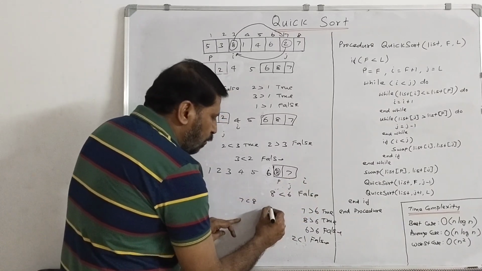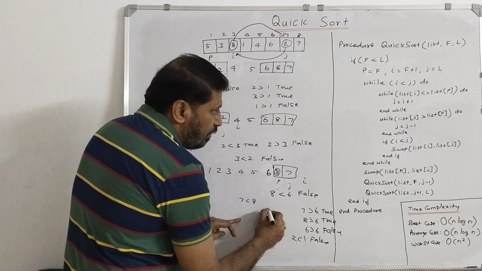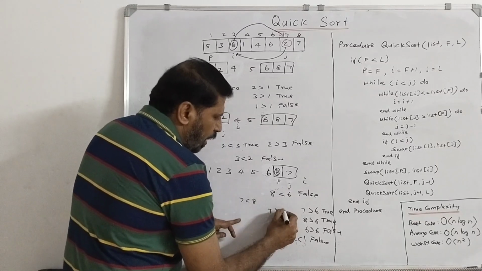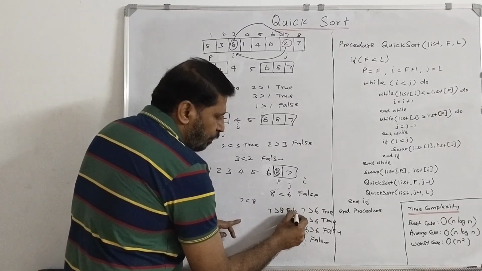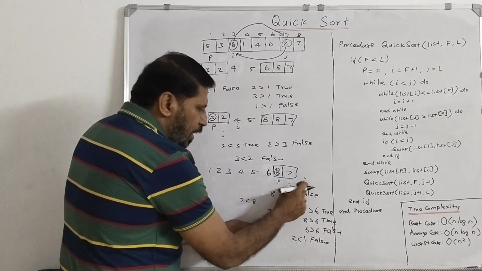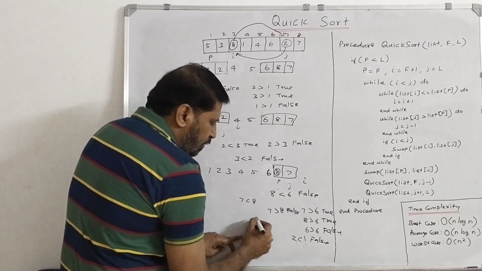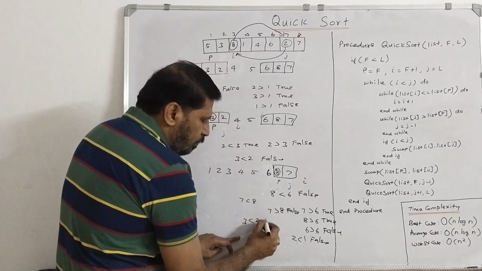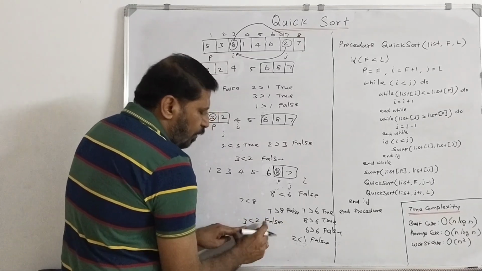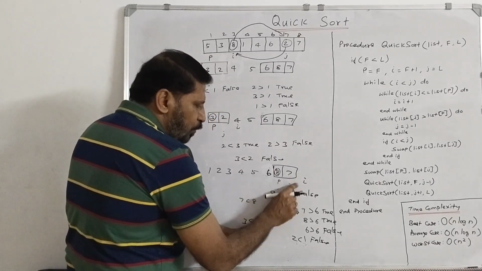We are taking j. What is the j value? J value is 7. 7 is greater than 8. Condition here is also false. What are the I and j values? J value is 2, I value is 3. So 3 less than 2 is also false. If it is false, what do we do? We have to interchange pivot and j.